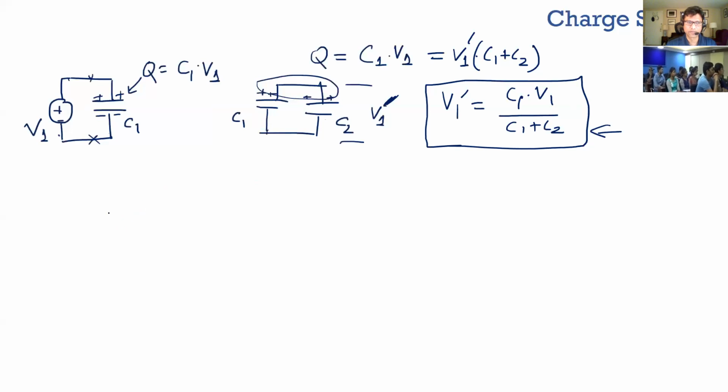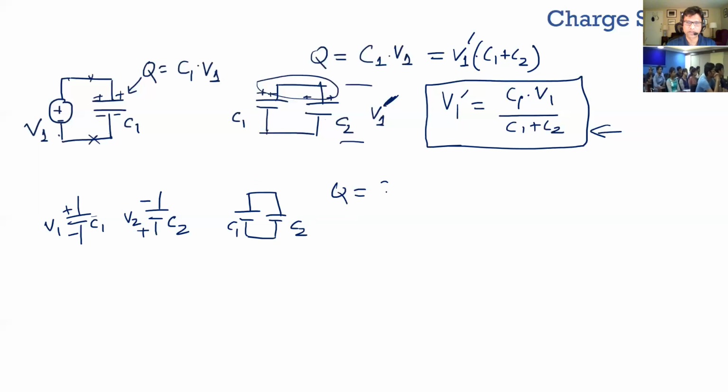For example, they'll give you that C1 is charged to plus V1, and the other capacitor C2 is charged to minus V2, and now you join them together. What's the voltage now? It's the same principle.